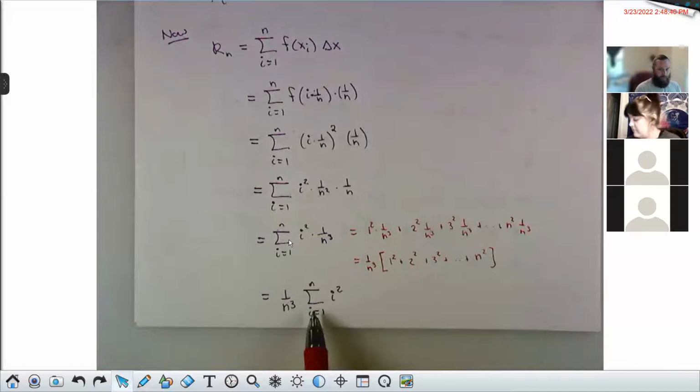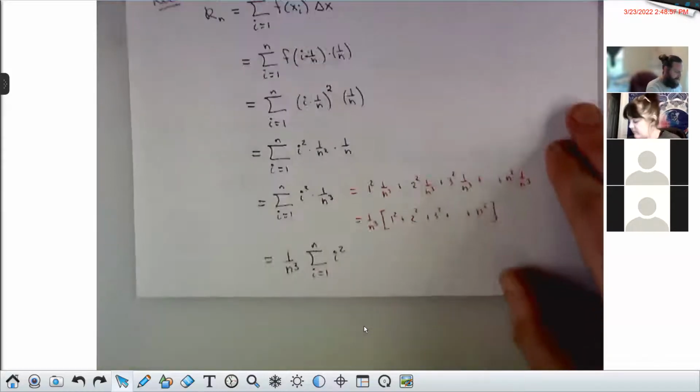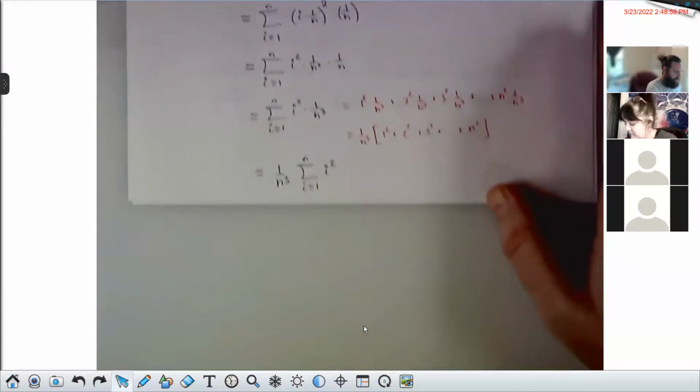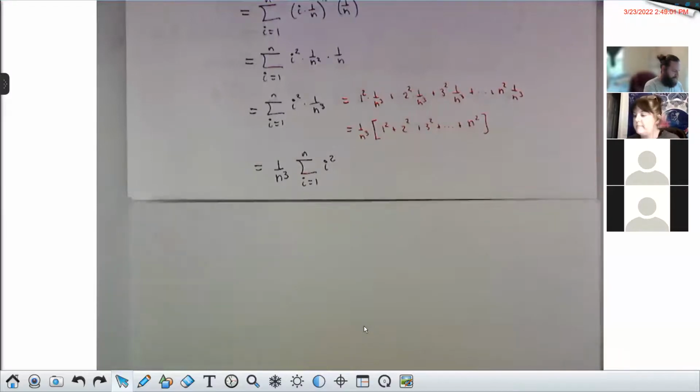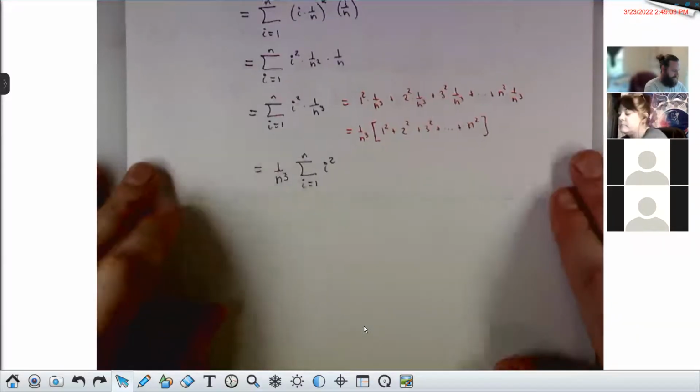Now this should look familiar. This is one of the things that we just had a formula for. One of our special summation formulas, or you can see it from here as well, that the sum of the first n squares is n times n plus 1 times 2n plus 1 over 6.